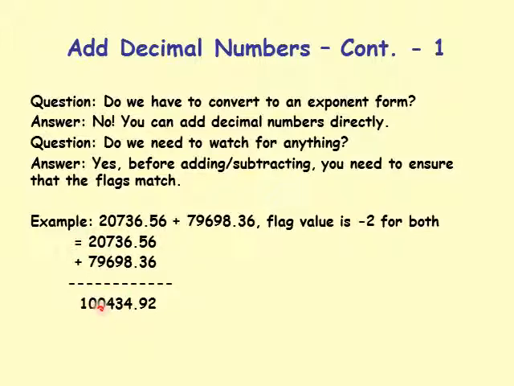So we get 100434.92. So when the flags did match, we didn't have to convert. We just added the numbers together and kept the decimal in the same place where it was in the operands being added. Okay. Let us continue here.